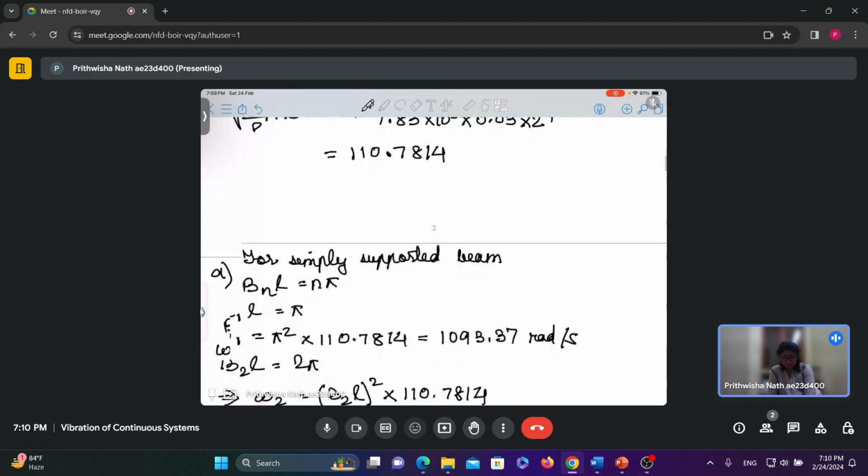For the fixed-free beam, similarly, beta 1 L equals 1.87510. We substitute this and get the first natural frequency. For the second case, we get this to be 2441.011 radians per second.